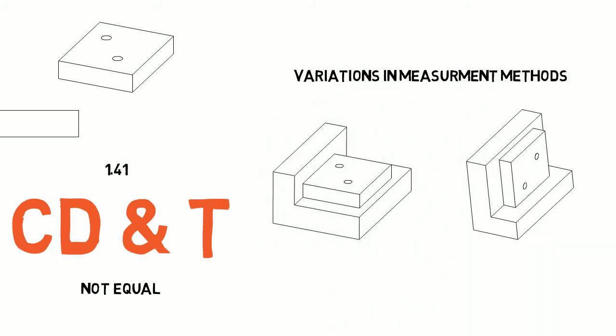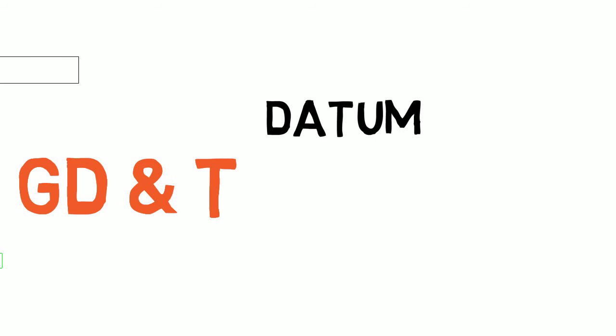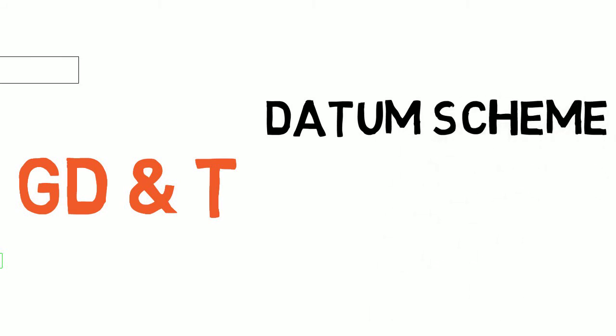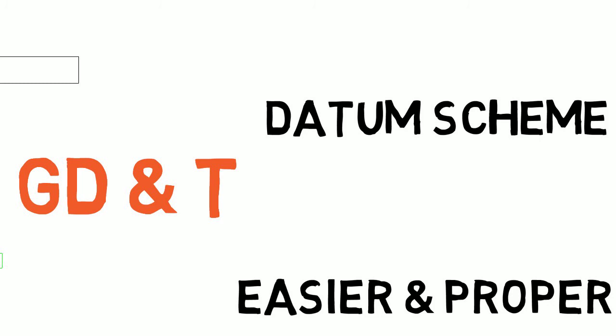And with variations in measurement methods, results also can vary from person to person. But in GD&T, we give direction for the measurements by giving datums. So if any person is measuring or inspecting the part, they have to follow the datum scheme, and you can inspect your part directly on pictures also. So it makes inspection easier and proper.